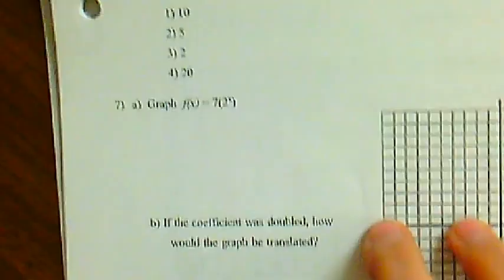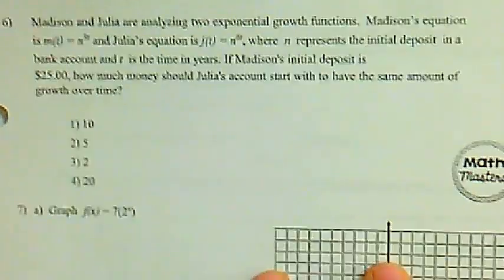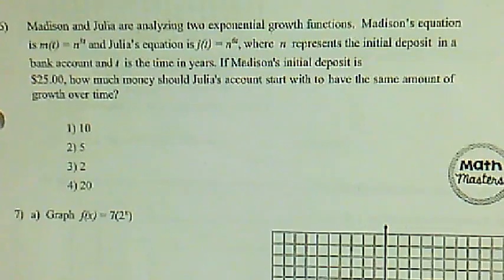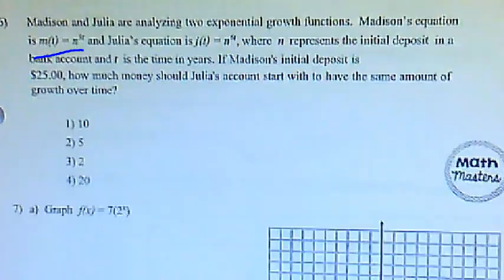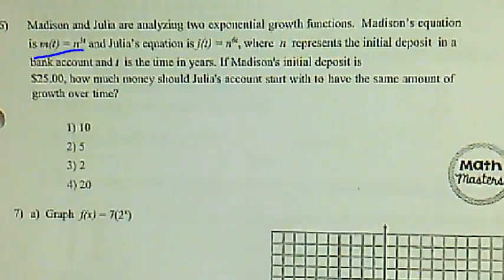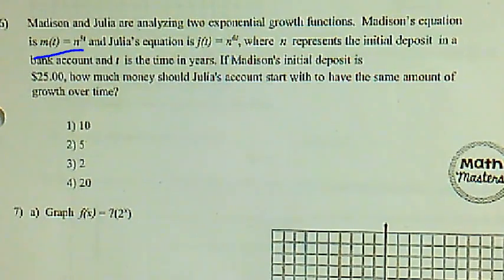All right. Number 6. So Madison and Julia are analyzing two exponential functions. Madison's equation is m of t is equal to n raised to the 3t.